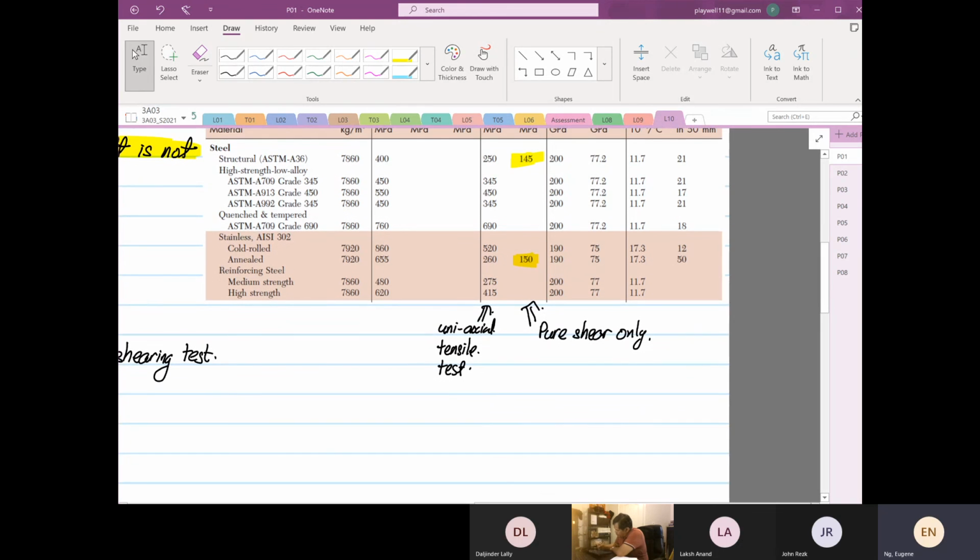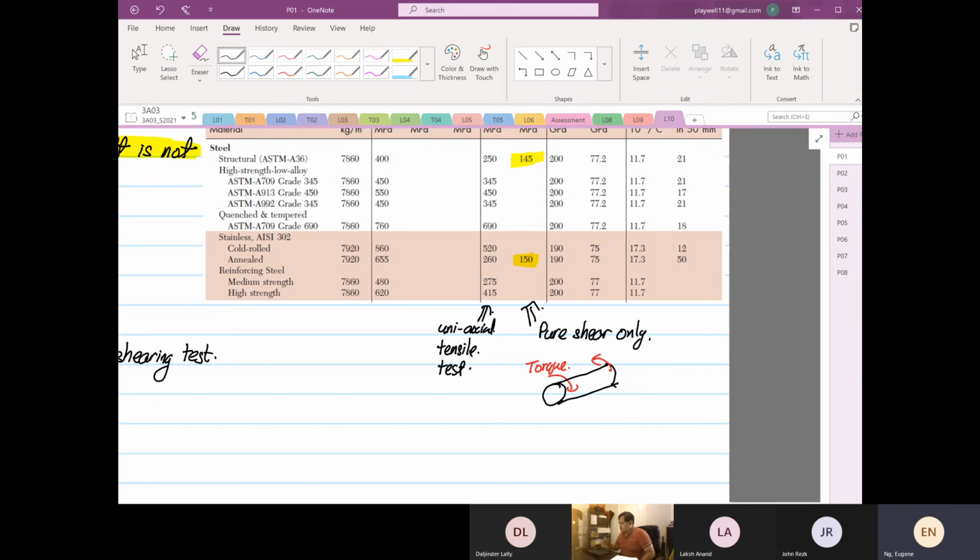What I mean by pure shear is they have a shaft. This is your test specimen. You induce a torsion, and then you measure the stresses. But it is not as common as the tensile test.